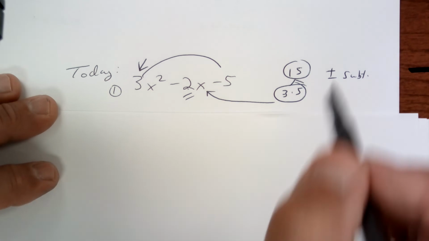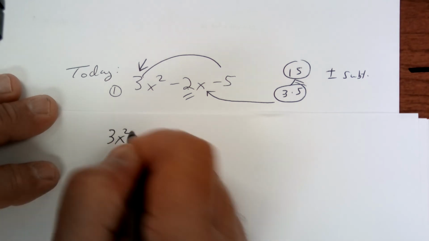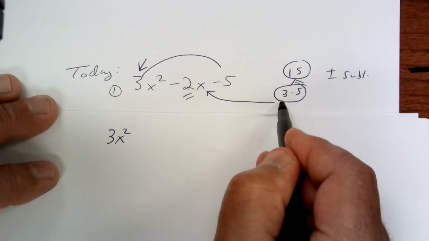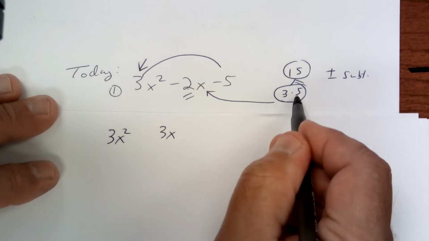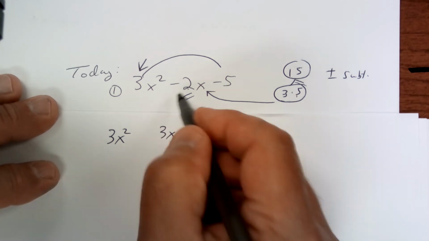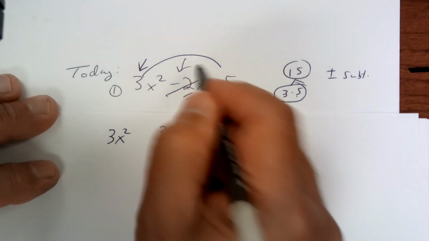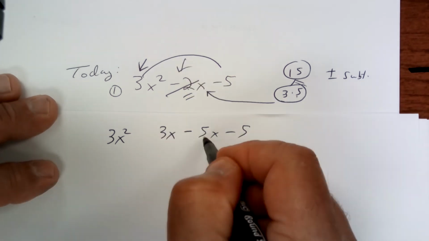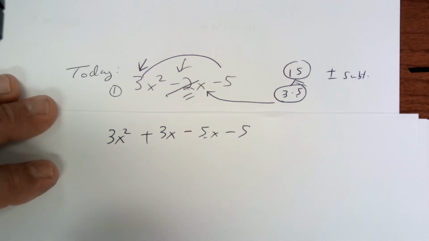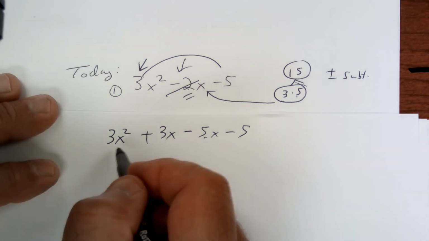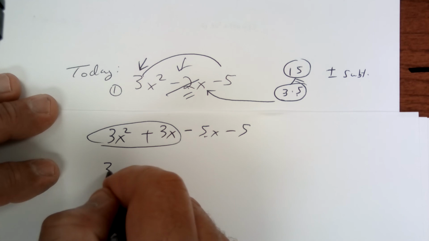So you're going to put 3x squared, then you're going to put this 3x, then you're going to put that as a 5x, you're going to get rid of that, and then minus 5. You want the negative in the middle, so put the negative with the bigger one and the plus there. Once you get to this point, you're going to factor out a 3 and an x.